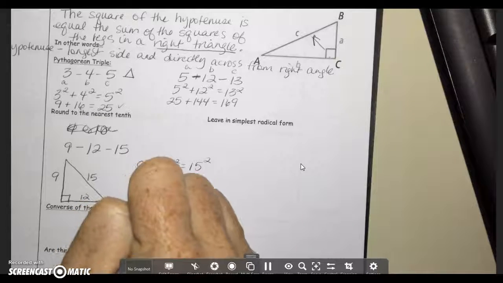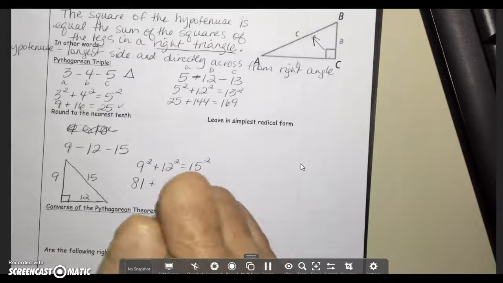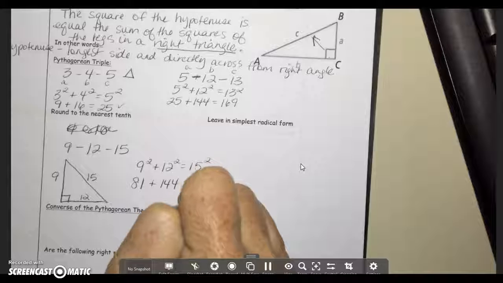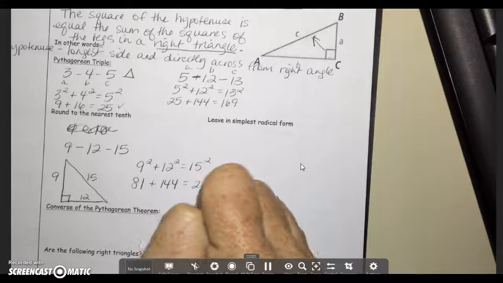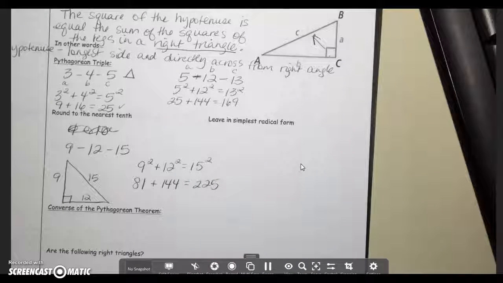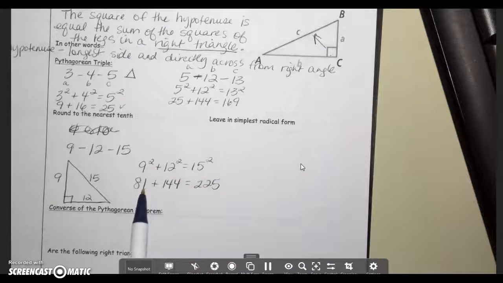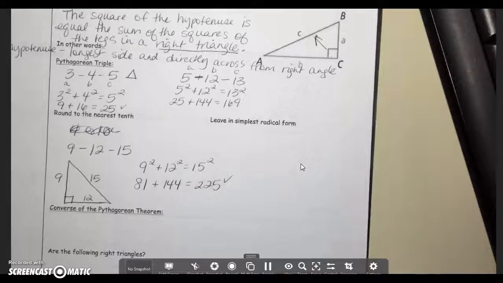What's 12 squared? 144. And what's 15 squared? 225. I'll just help you. Okay? So you add those up. What's 4 plus 1? 5. What's 4 plus 8? 12. Carry the 1. What's 1 plus 1? 2. So that checks out. Okay?